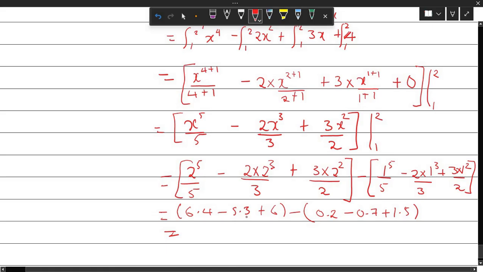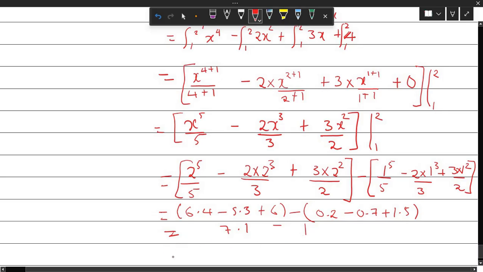So 6.4 minus 5.3 plus 6. So we have 7.1 here minus, then this 0.2 minus 0.7, okay, plus 1.5.